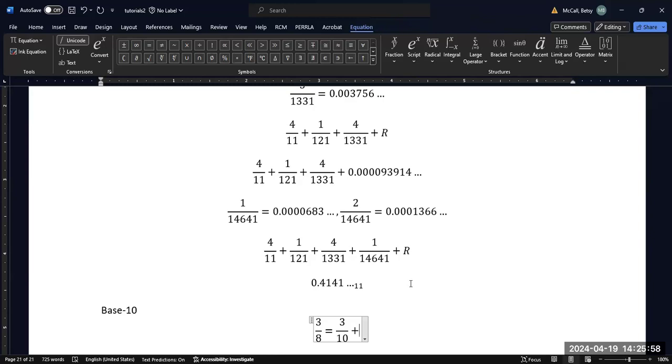3 divided by 8 minus 3 divided by 10, my remainder in fraction form is 3 over 40. And so now I'm looking for multiples of 1 over 100 that will be less than 3 over 40. So again, I can take 3 divided by 40 minus 1 divided by 100, and that's still positive. 3 divided by 40 minus 2 divided by 100, still positive, and I can keep going like this.